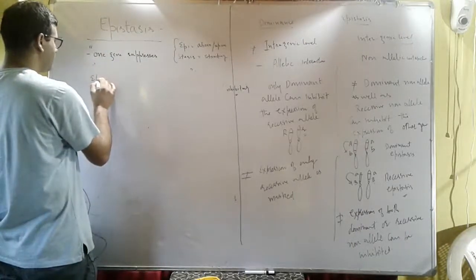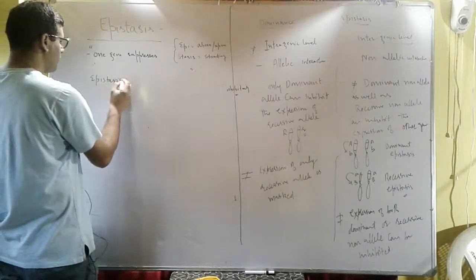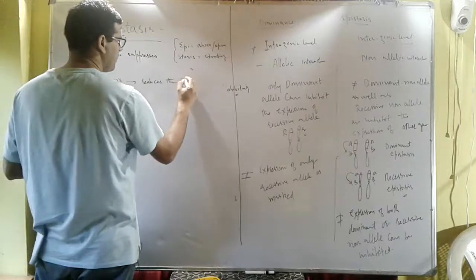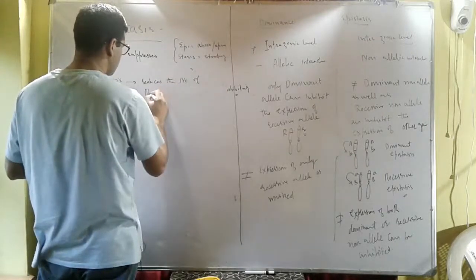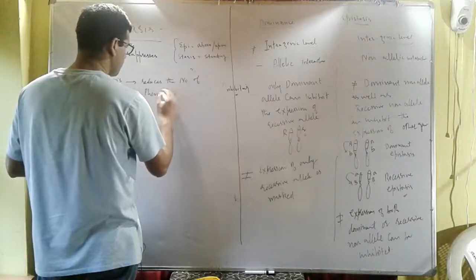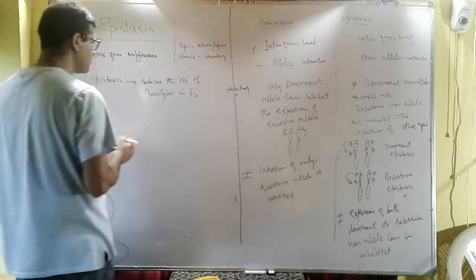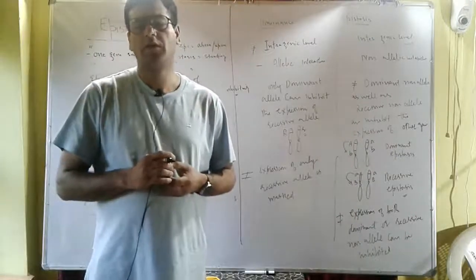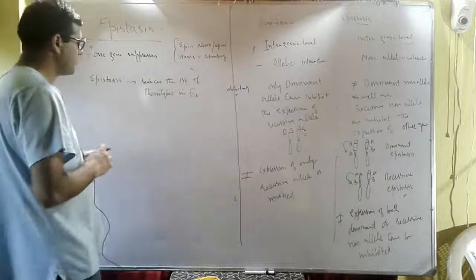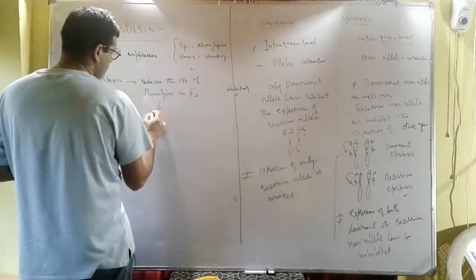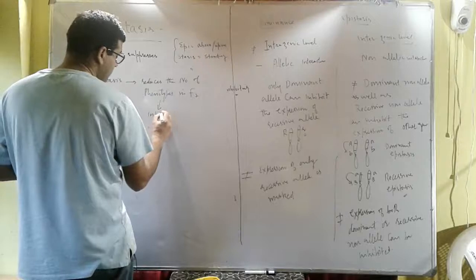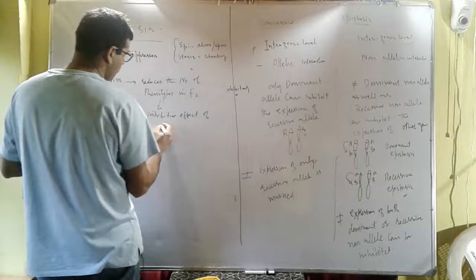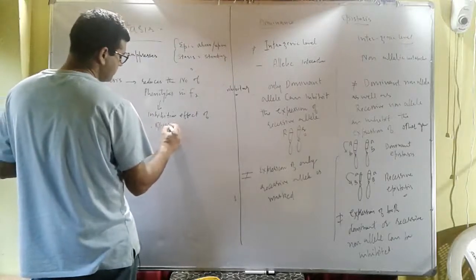So epistasis reduces the number of phenotypes in F2. This is due to the inhibition effect of the epistatic gene.